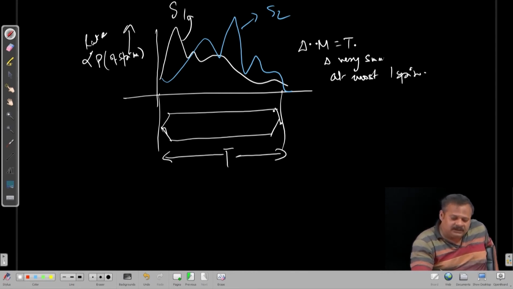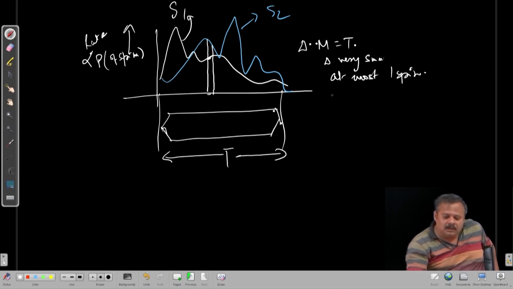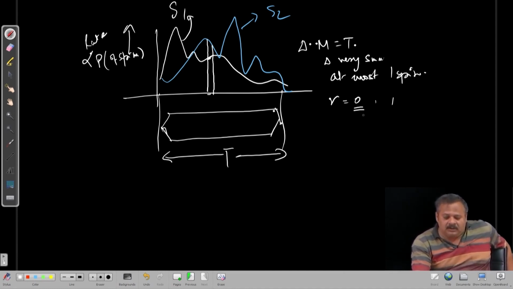Now, let us say in the ith bin here, the random variable r, the response in the ith bin, takes on value 0 or takes on value 1, that we already know. But this value is now dependent on the response history.